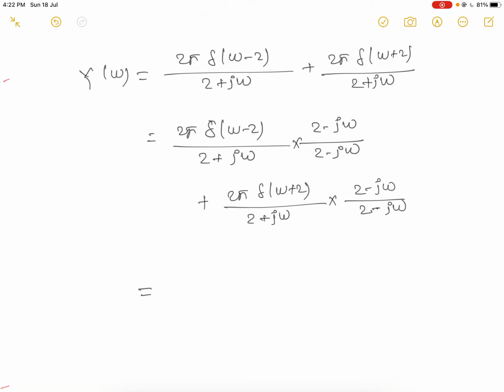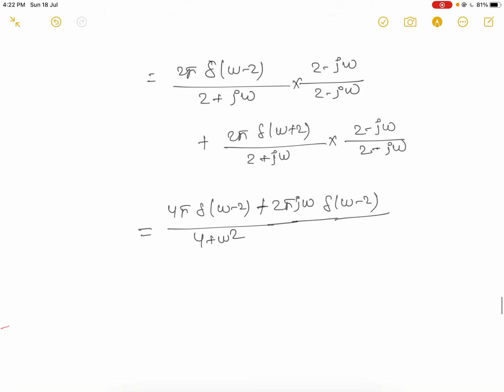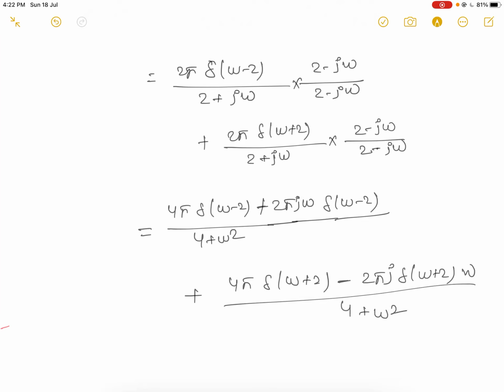Here we will get 4 plus omega square, and 4 pi del(omega minus 2) minus 2 pi j omega del(omega minus 2) plus 4 pi del(omega plus 2) minus 2 pi j del(omega plus 2) omega, over 4 plus omega square.